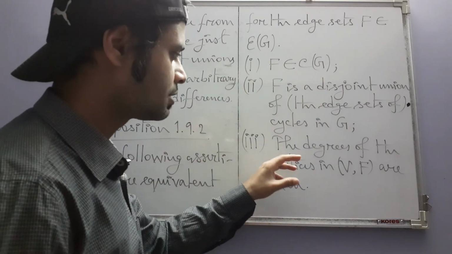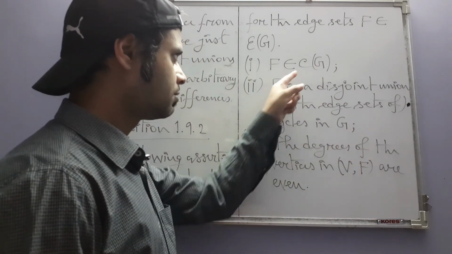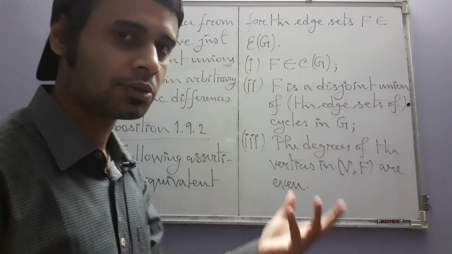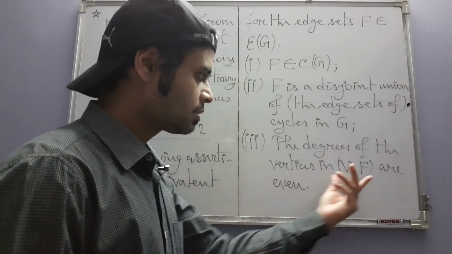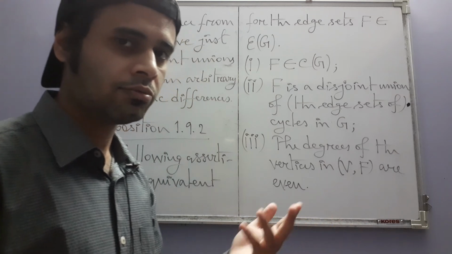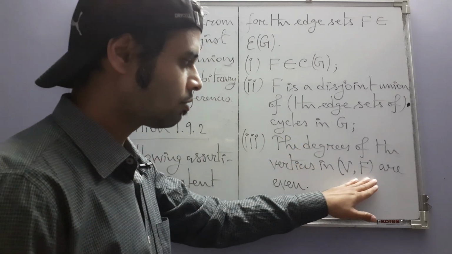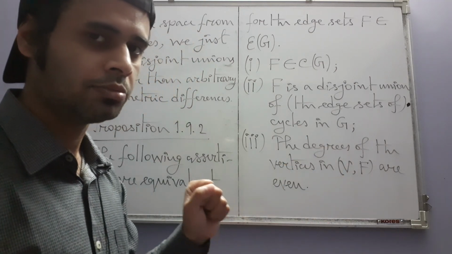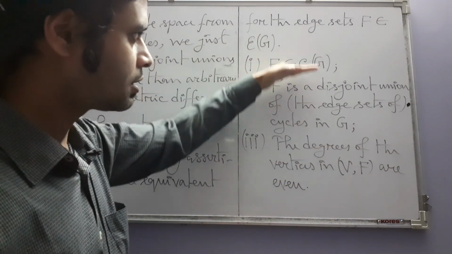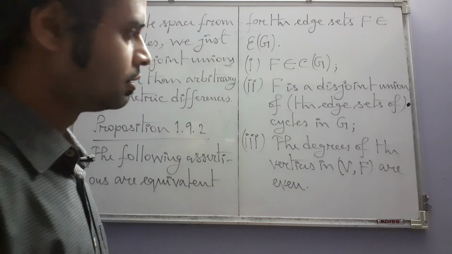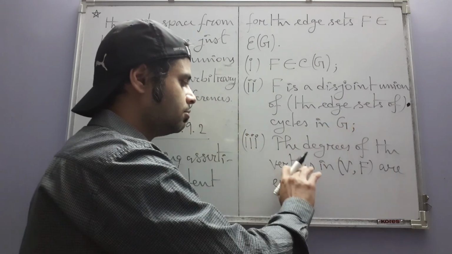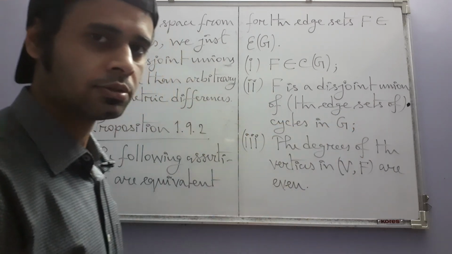And the third one is that any such F that is an element in the cycle space of G, the edges that are there in F, they will induce a subgraph of G. All the vertices in such a subgraph will be even. These statements are equivalent to one another. If any one of them is true, then the others are also true.